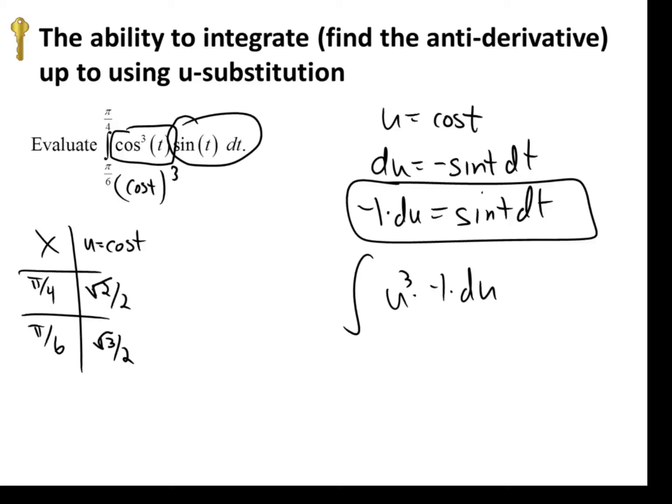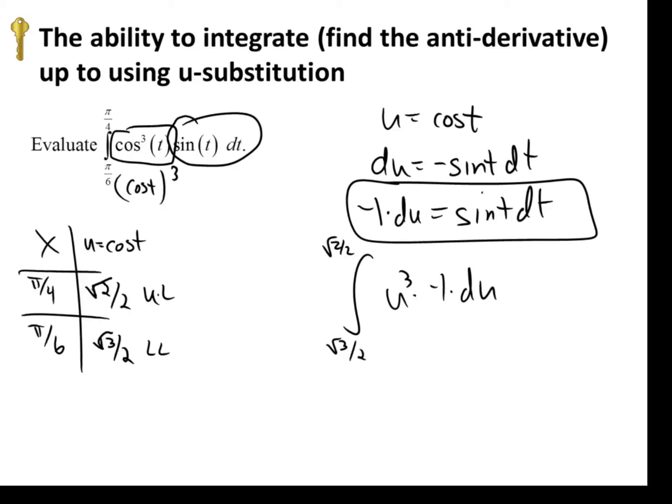We have an issue. Our upper limit is root 2 over 2. Our lower limit is root 3 over 2. What's the problem? The upper limit is lower than the higher limit. This is the danger you get in when you're switching limits. This might happen.